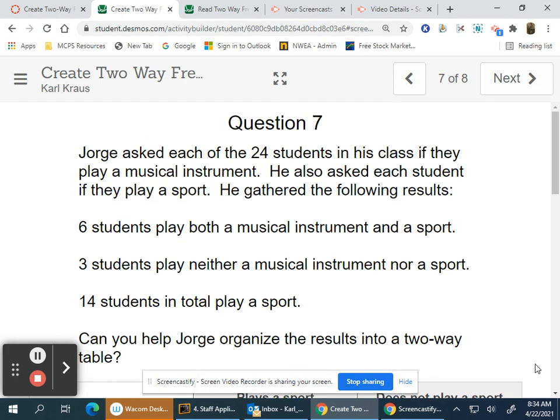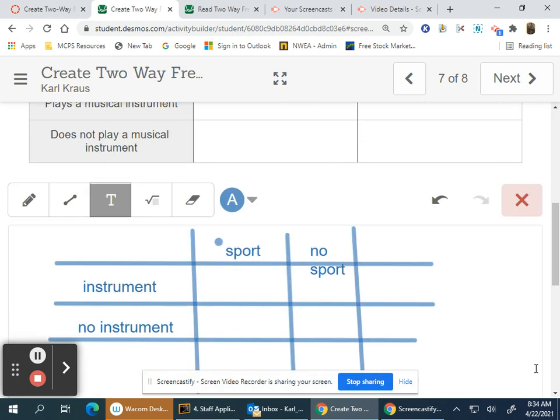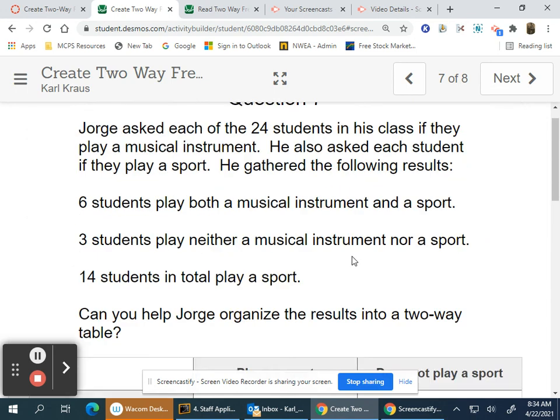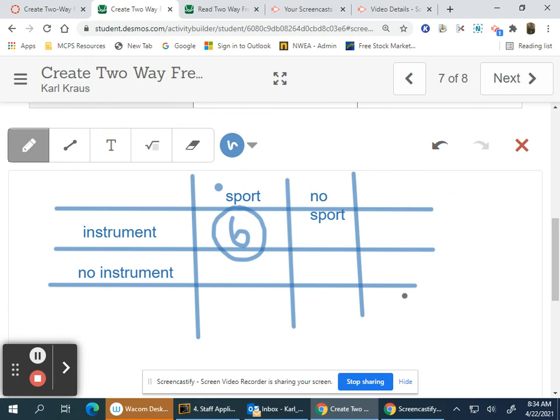All right, so 6 students play both a musical instrument and a sport. So 6 goes here. That's from the given. 24 would be the total of everything. Goes right here in the corner.